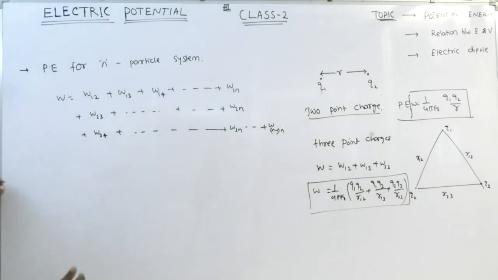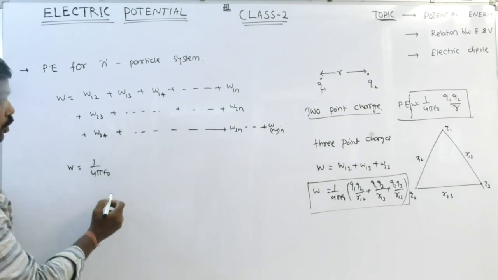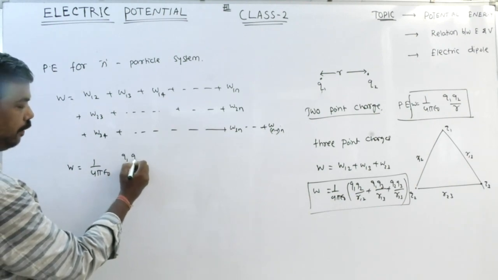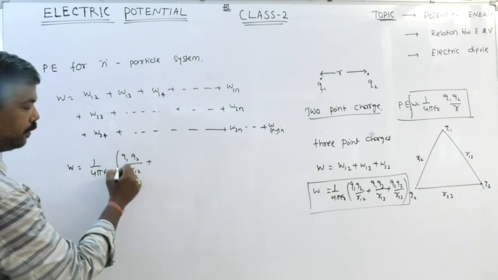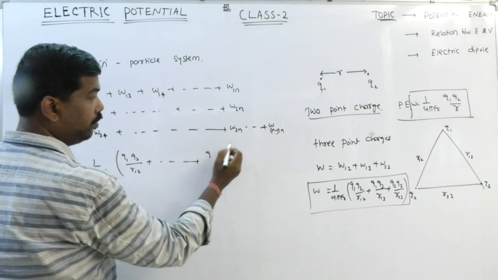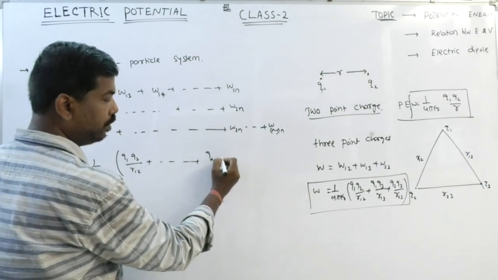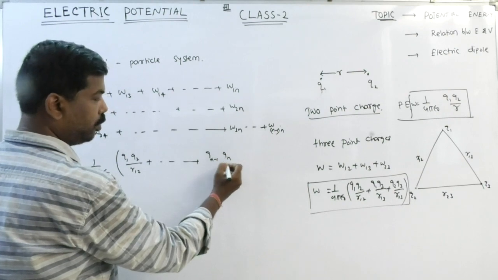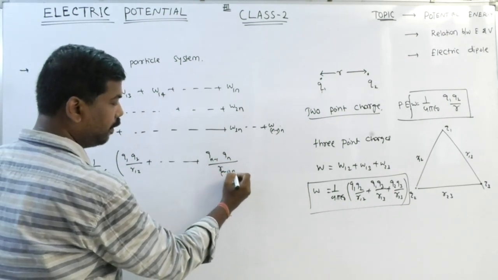Clear? I can write it as 1 by 4 pi epsilon 0 Q1 Q2 by R12 and so on, up to Qn minus 1 Qn by R of n minus 1, n.